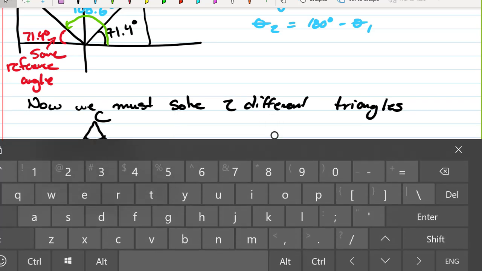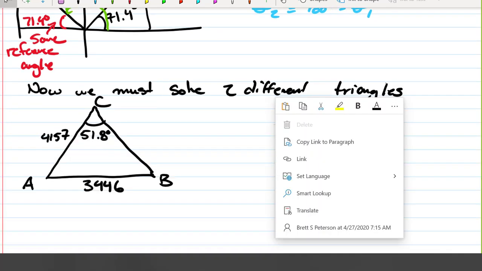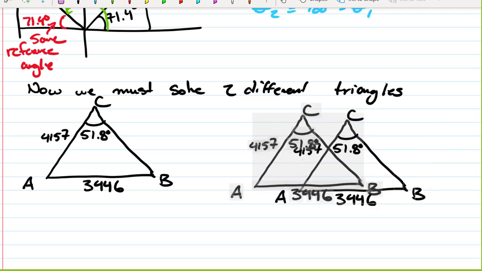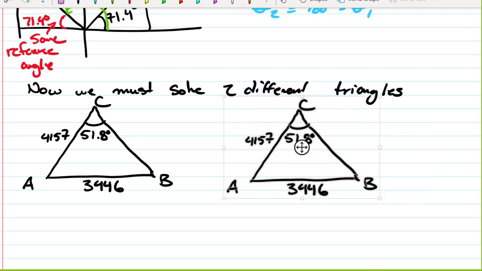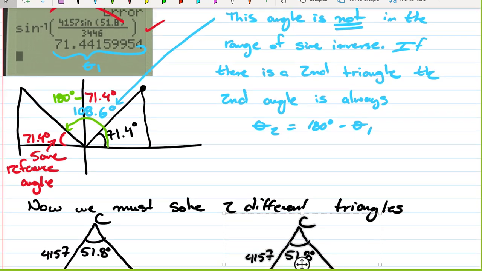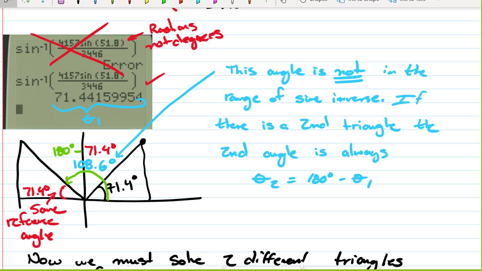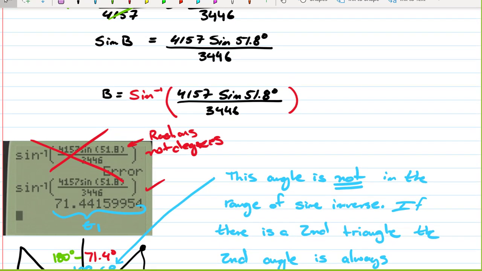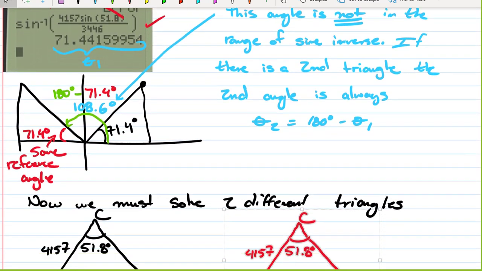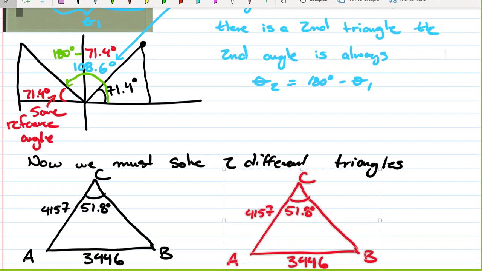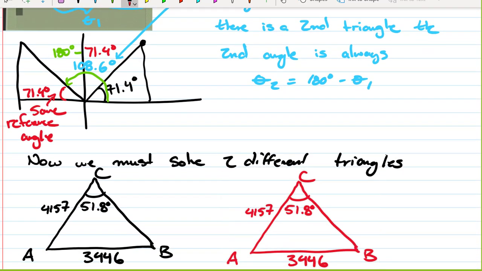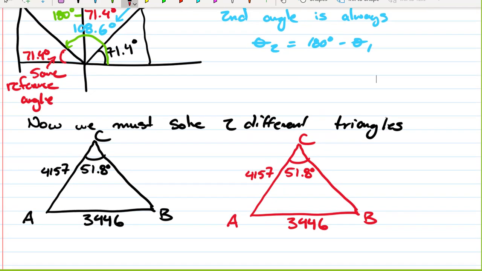Our second triangle is going to be the same triangle, but now we have our two different angles. So when we solved for B in our first one, we got theta 1, which is 71.4 degrees for angle B. So we have 71.4 degrees.